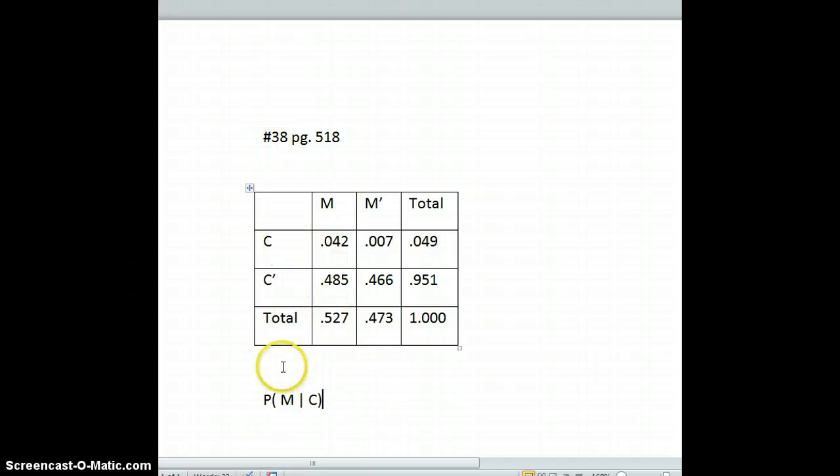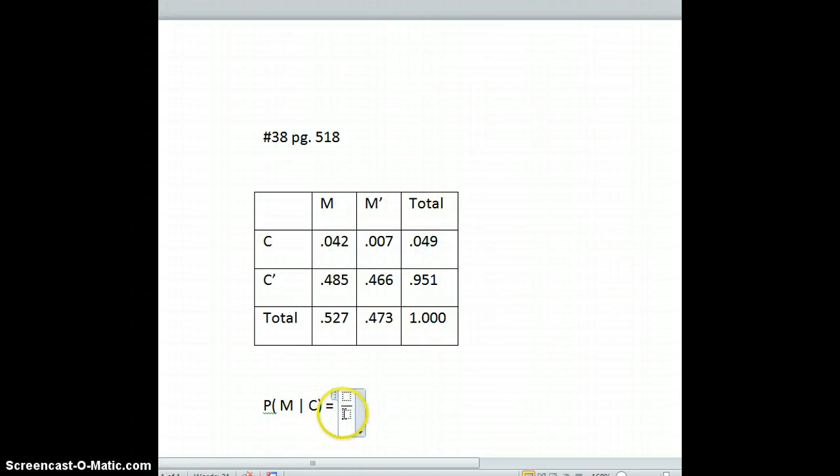For number 38 is the probability that M will occur if we're given, or if we know, that C is occurring for sure. So you're really only looking at this row. The rest of the table, pretend it's not even there because we know C is what happened, because that's what we're told after the up and down bar here. Whatever comes after that is what happened.